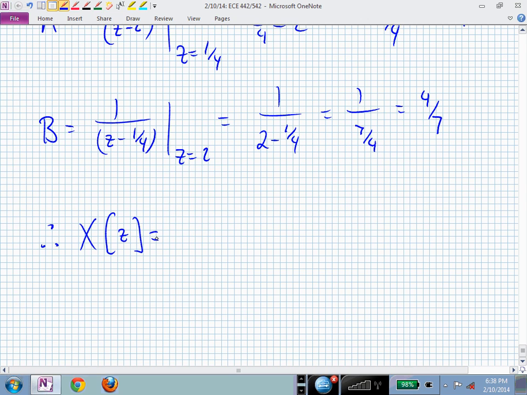We now know that capital X of z is a times z over z minus 1/4 plus b times z over z minus 2.